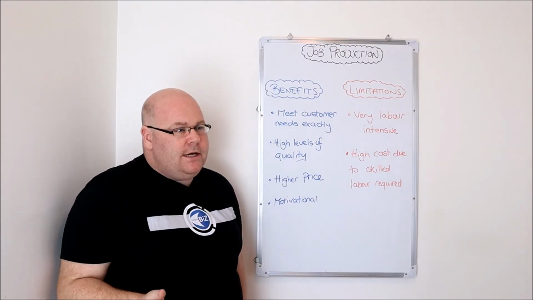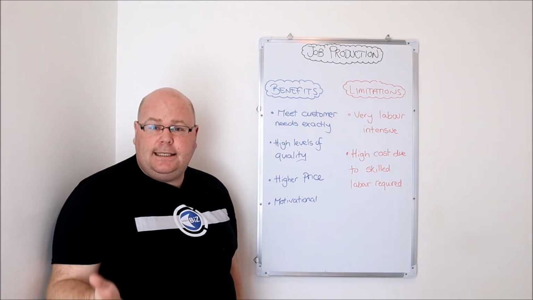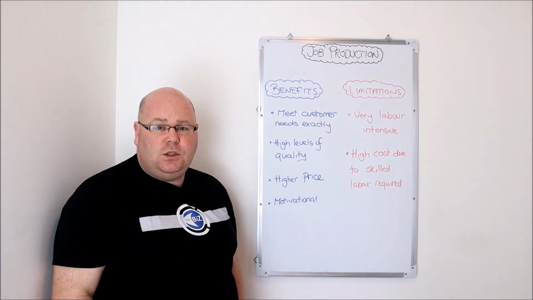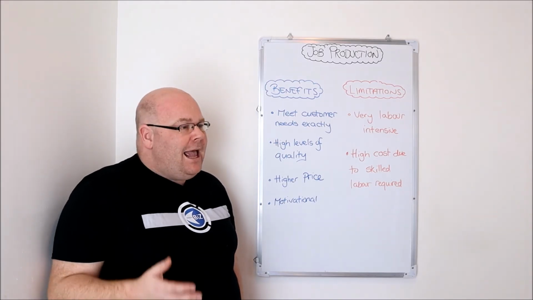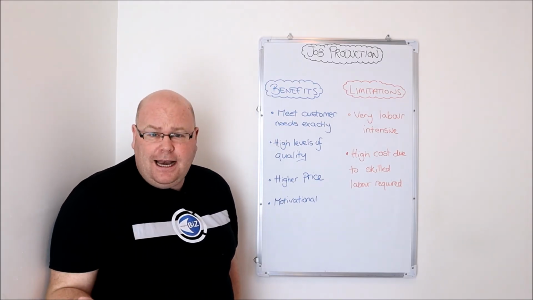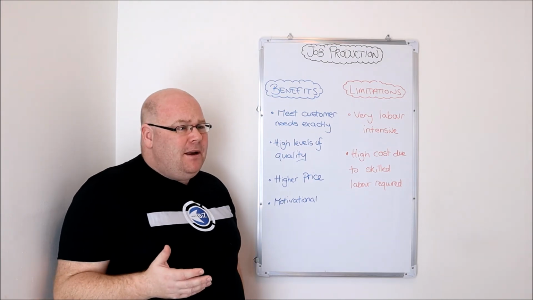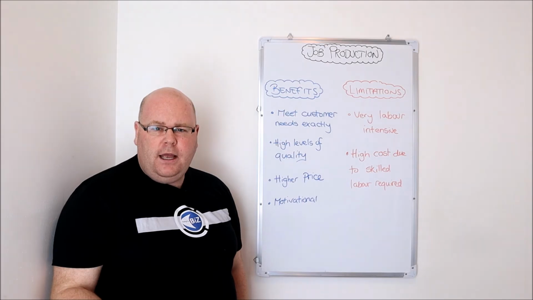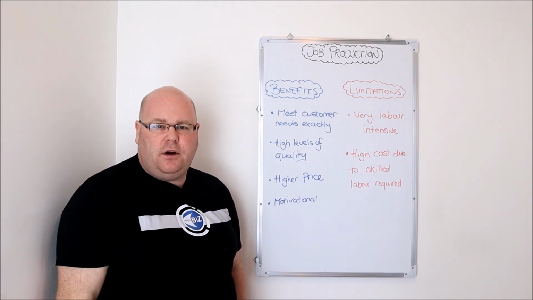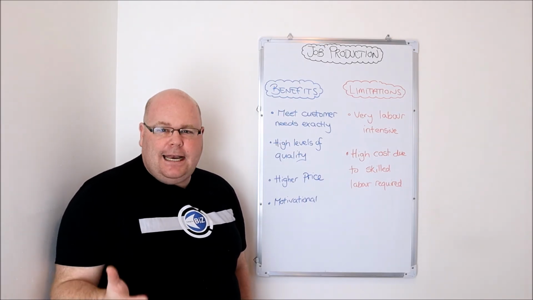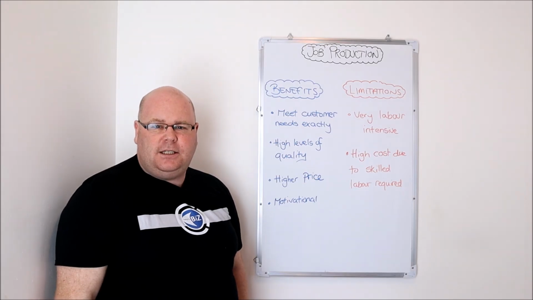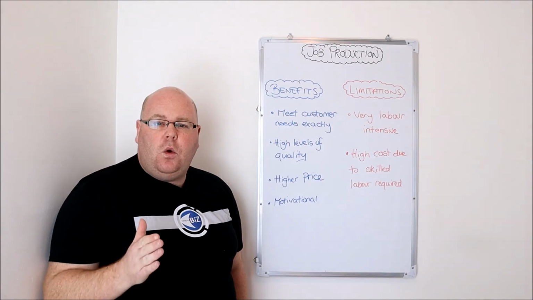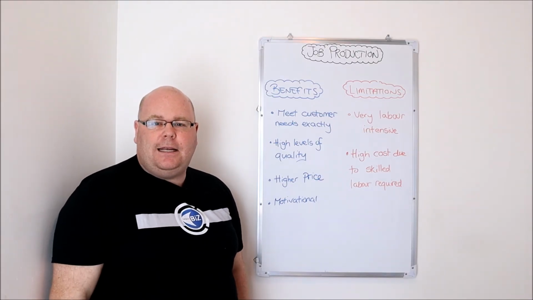In order to operate job production, we're going to need highly skilled and trained employees that have the capabilities to work closely with clients, achieve high levels of quality, understand what it is that customers require and desire from the product that they are designing, and deliver those standards for customers. All of this is going to take a highly skilled employee, which is obviously going to come at a cost.